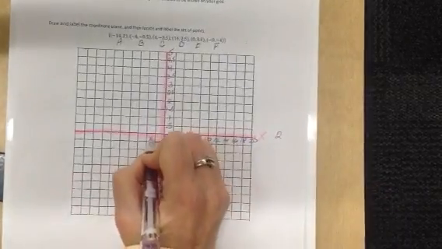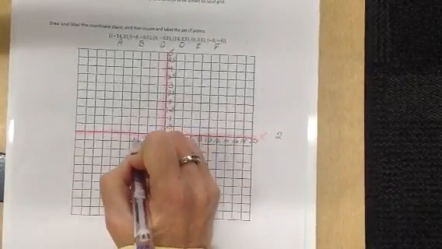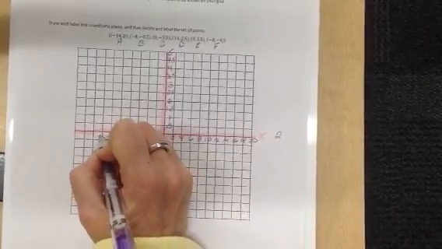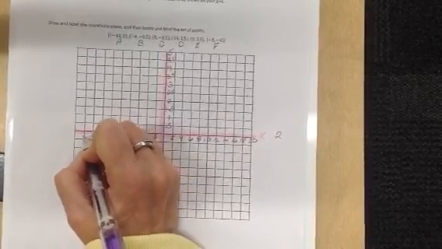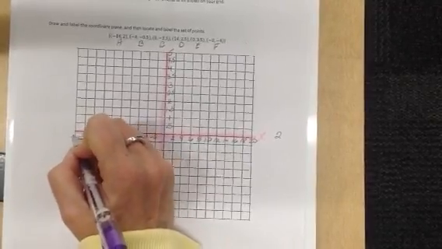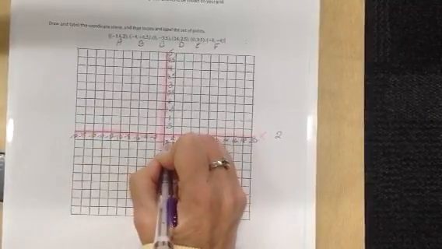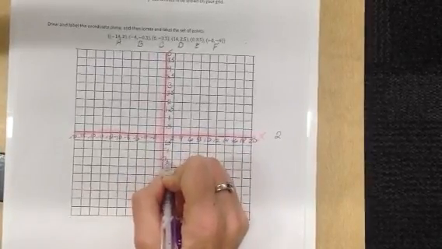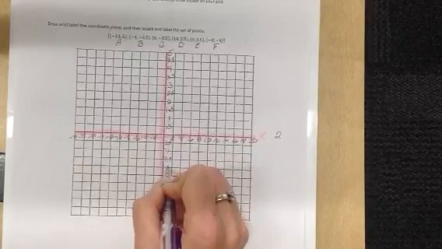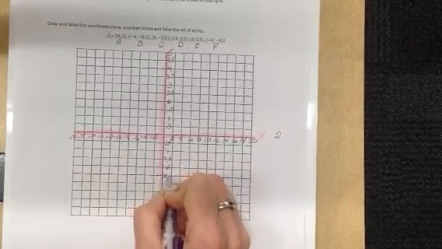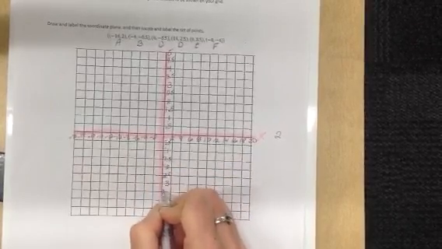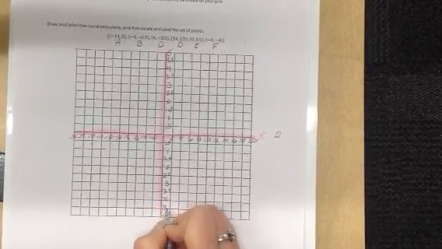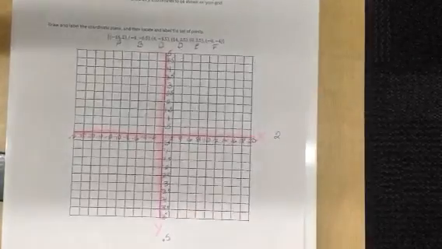And then you're going to go the same way with the negatives. And then down here too would be a negative 0.5, so negative 1, negative 1.5, negative 2, all right, and we'll plot the first one.